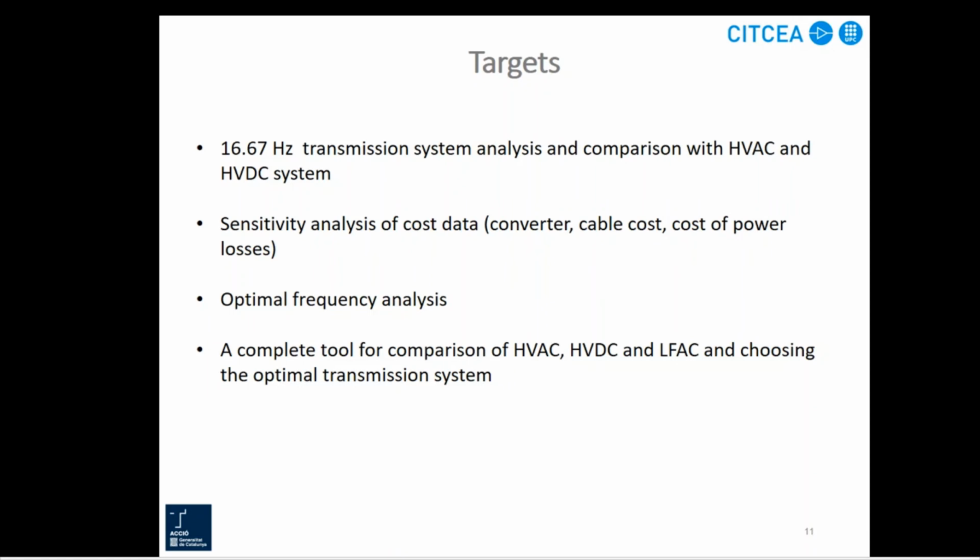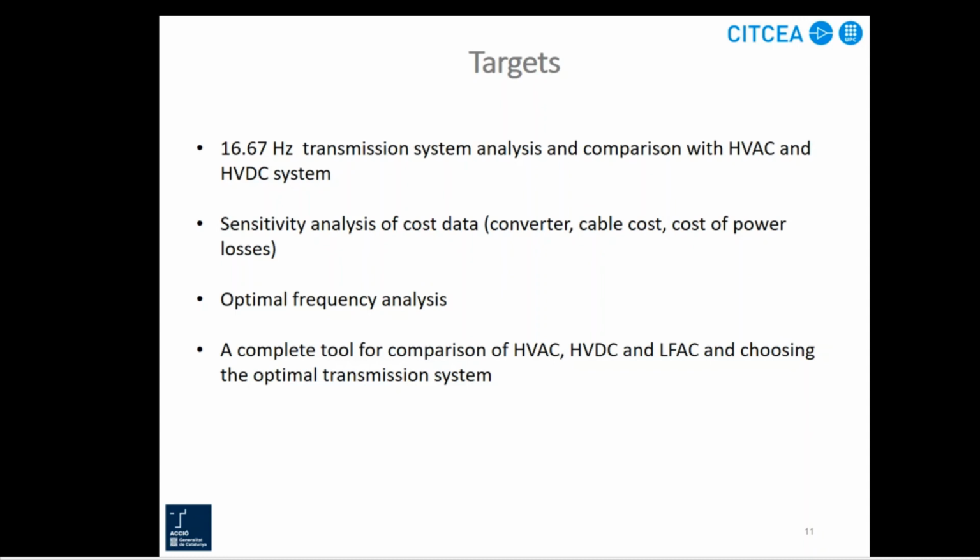The next move is sensitivity analysis of the cost data. There are many main components that contribute to the total cost of the system: the converter, of course, first, the cable cost and the cost of power losses. By changing their costs with some sensitivity factors, we can see the change in the total cost and the changes in the comparisons.